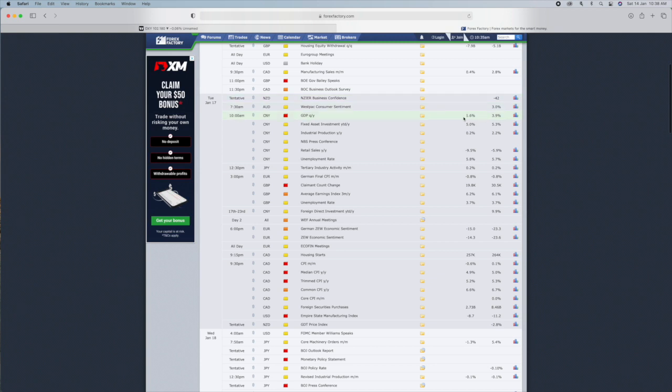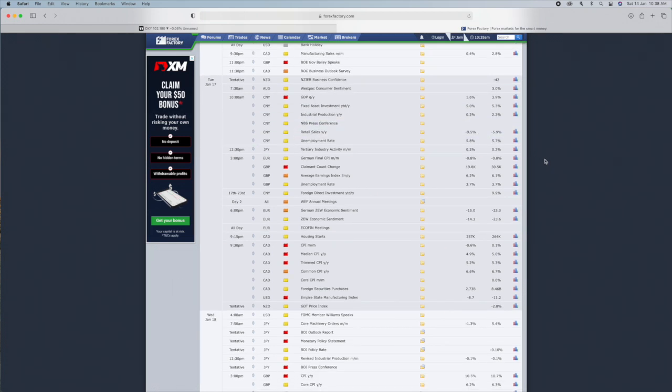If this number comes the same or somewhere below this, then we are still looking at a mild recession. But let's see what happens, because if this number comes below this, then we are looking at countries like the Aussie pairs falling, because the Chinese have a lot of businesses dealing with Australia.